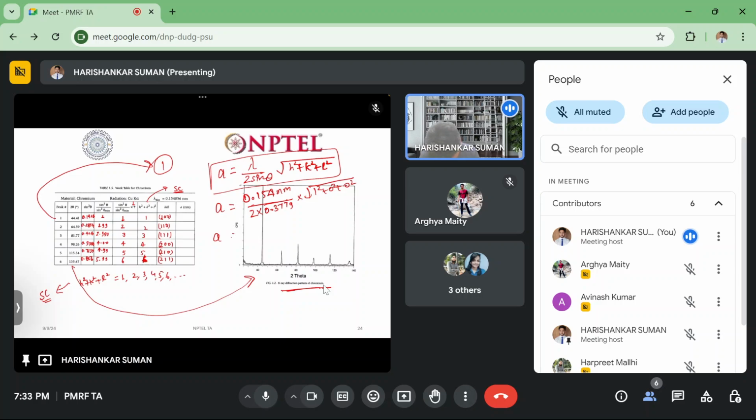So this will be 1.54 nanometer over 0.7558. This is 1. This is around 0.203 nanometer.